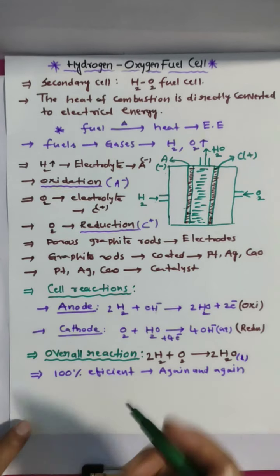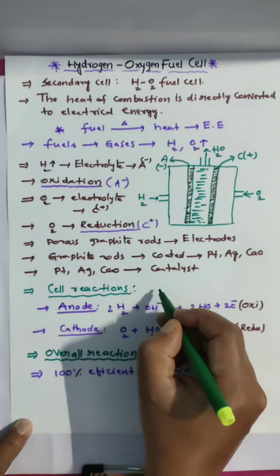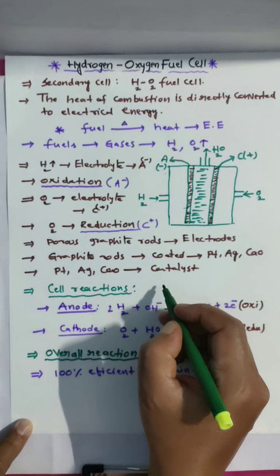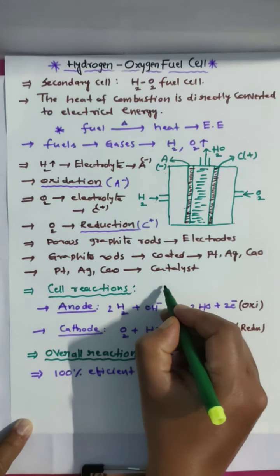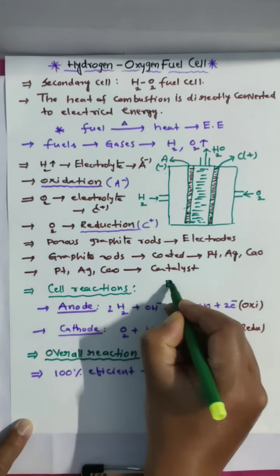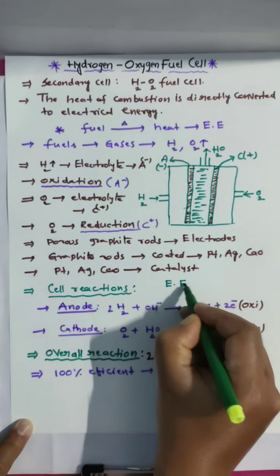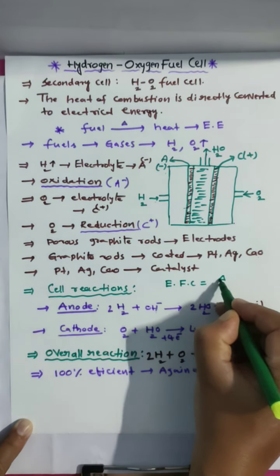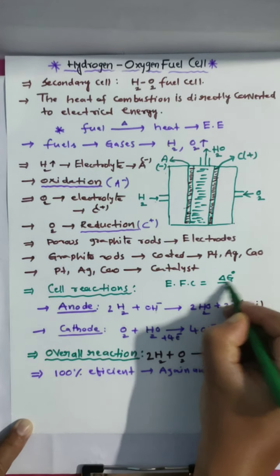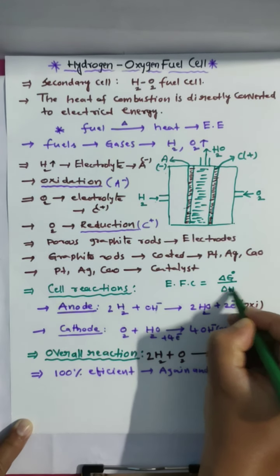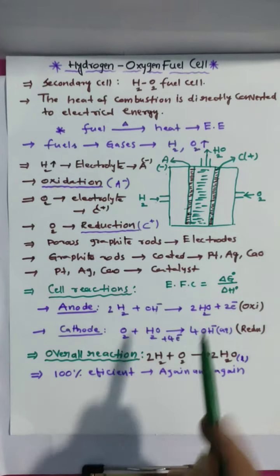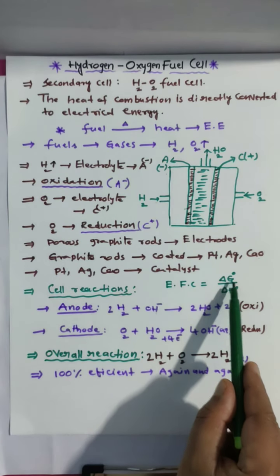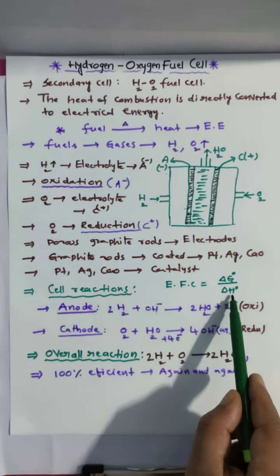Cell efficiency, we have the formula also. Efficiency of fuel cell. Efficiency of fuel cells can be calculated by using delta G naught upon delta H naught. You know very well, G is Gibbs free energy, H is enthalpy.